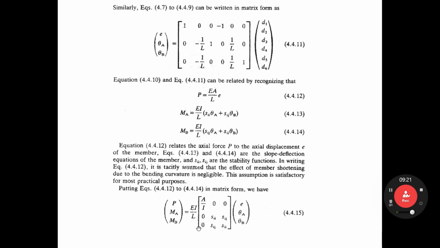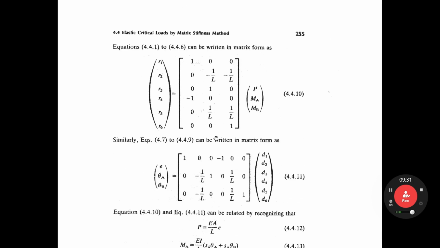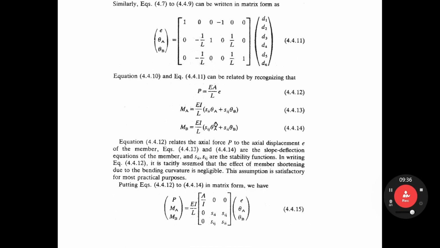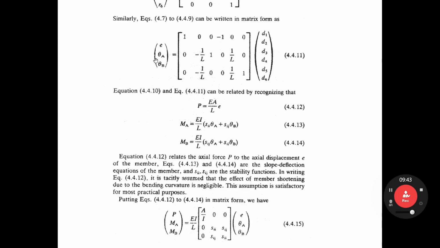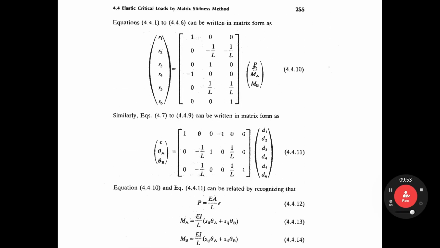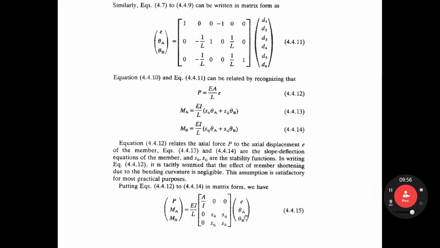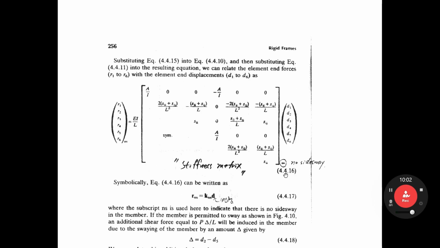If you input this equation and this equation, then you can get this kind of 6 by 6 stiffness matrix, relating forces and displacements in the matrix analysis procedure.